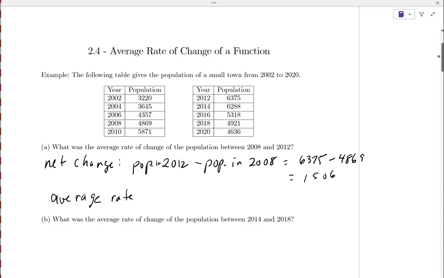So your average rate of change will be your net change divided by basically the length of time, or the length of the interval. So you do the 1506 divided by the 4. Say it again. 376.5.